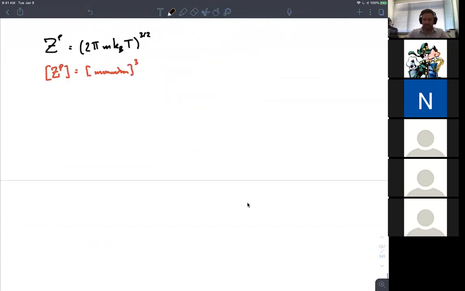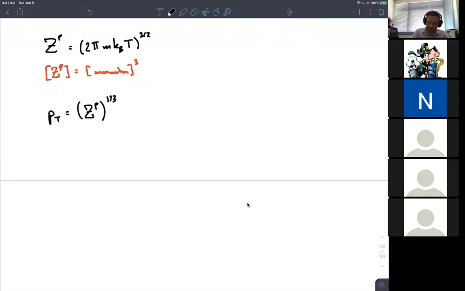That suggests that we can define something which I will call PT. You can think of it kind of like an average momentum. What this thing is, we're just going to take this momentum component of our partition function that we just calculated, which has units of momentum cubed, and take the cube root of it so that it has units of momentum instead.